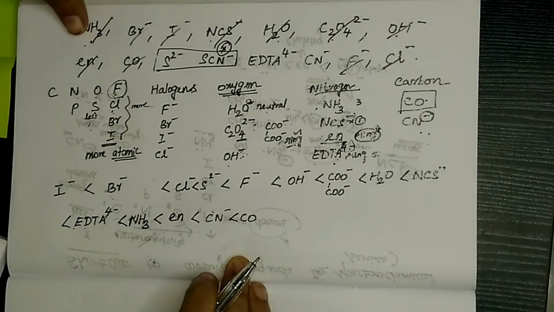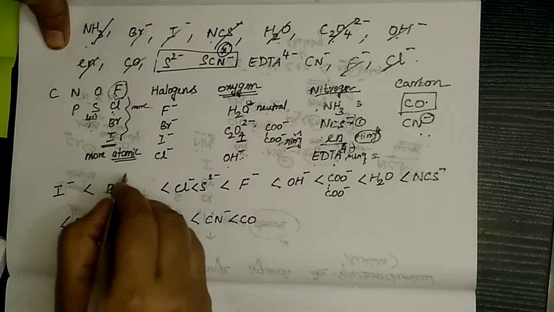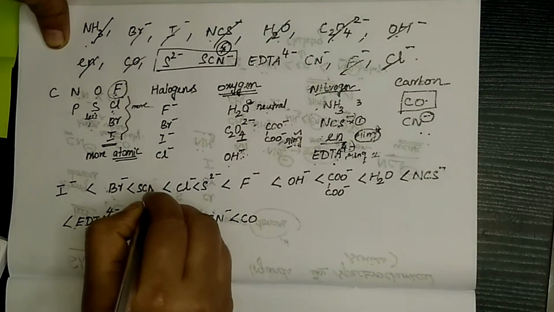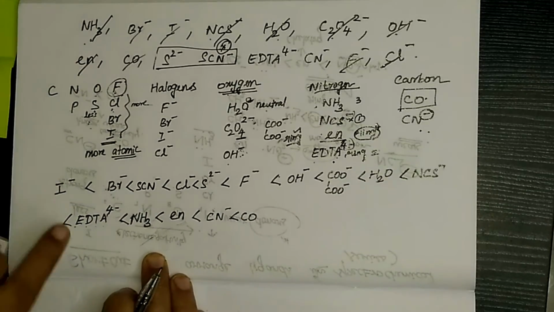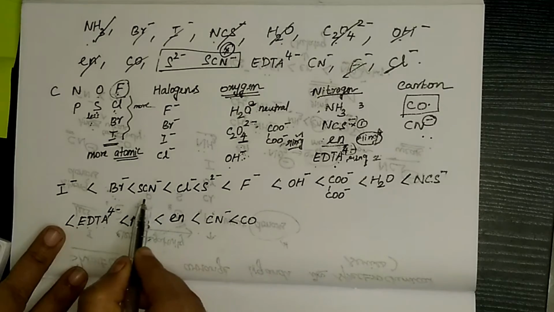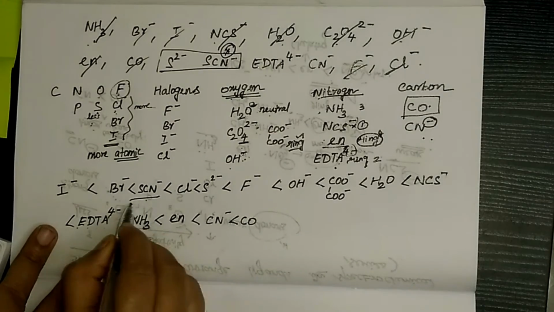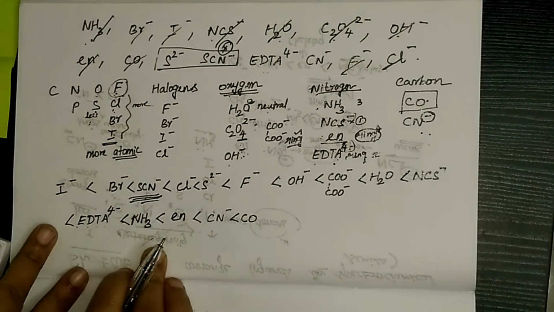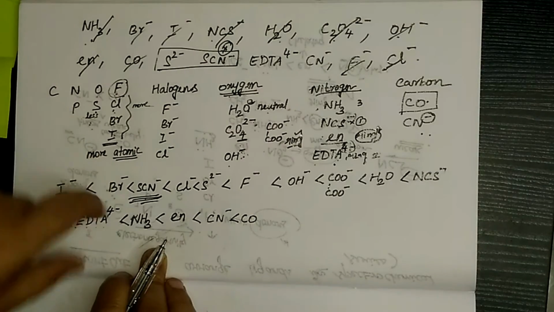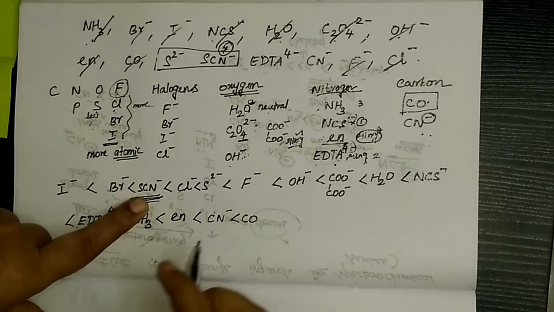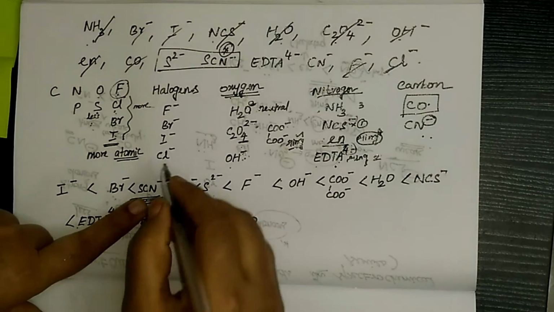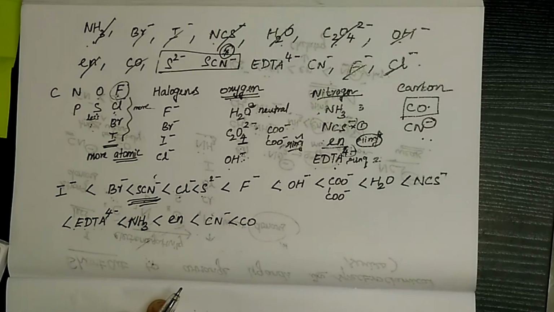After doing all the experimental spectrochemical experiments, it is identified that SCN is one of the weakest ligands. So it is not coming after S2 minus, it is coming before SCN minus. This is one of the exceptional cases. See, after I minus and Br minus, it comes SCN minus and then Cl minus and fluorine. So these are all given explanation. This is only the exceptional case.